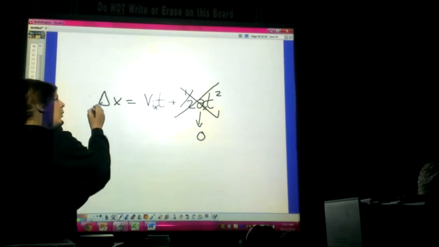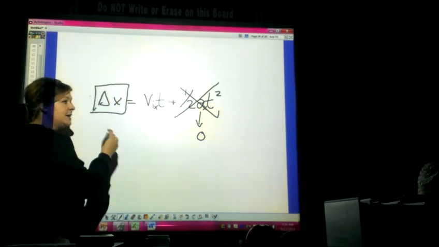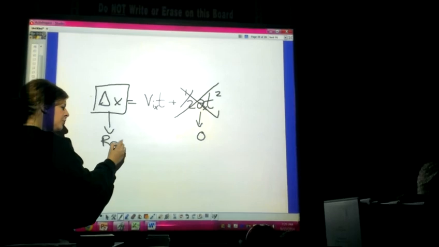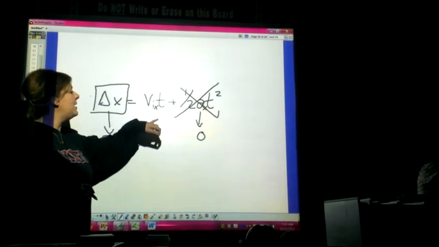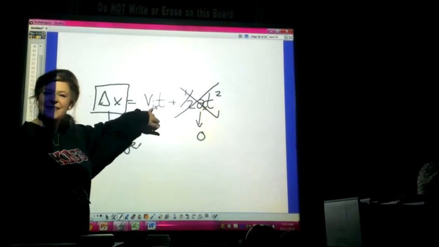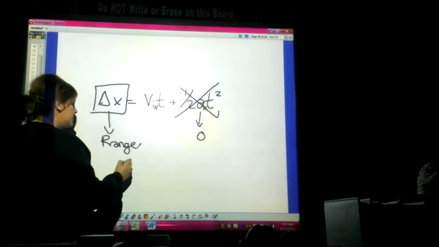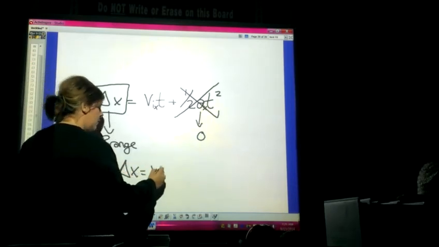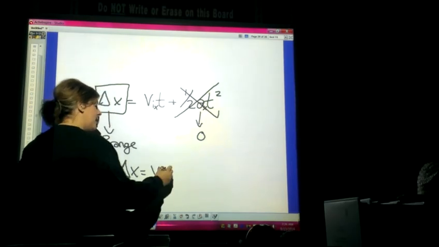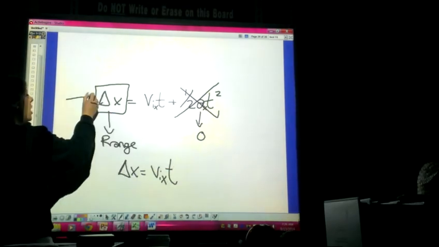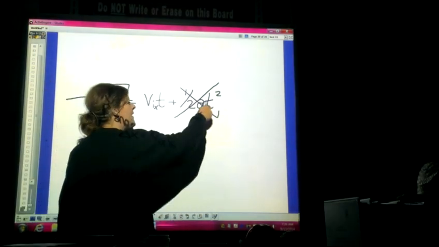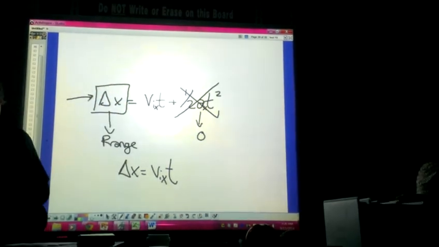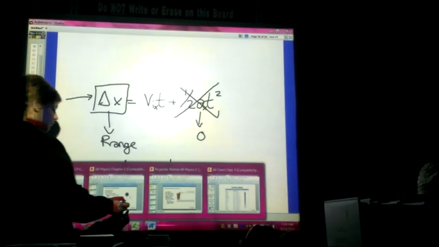So truly the only way that I could find delta x, which is really what? Range? I could calculate range alone by knowing initial velocity in the x direction and time. So I get delta x equals initial velocity in the x direction times time from one of my kinematic equations, just from knowing that the acceleration in the x direction is 0.